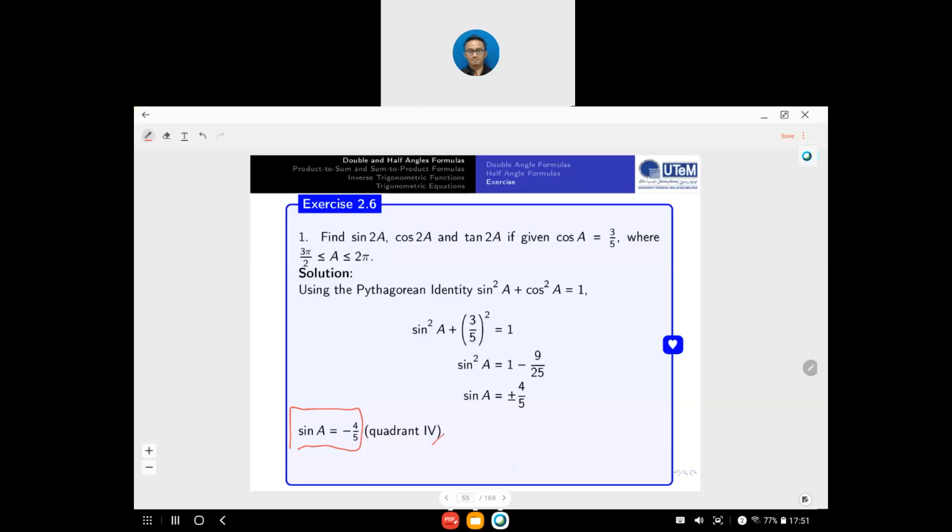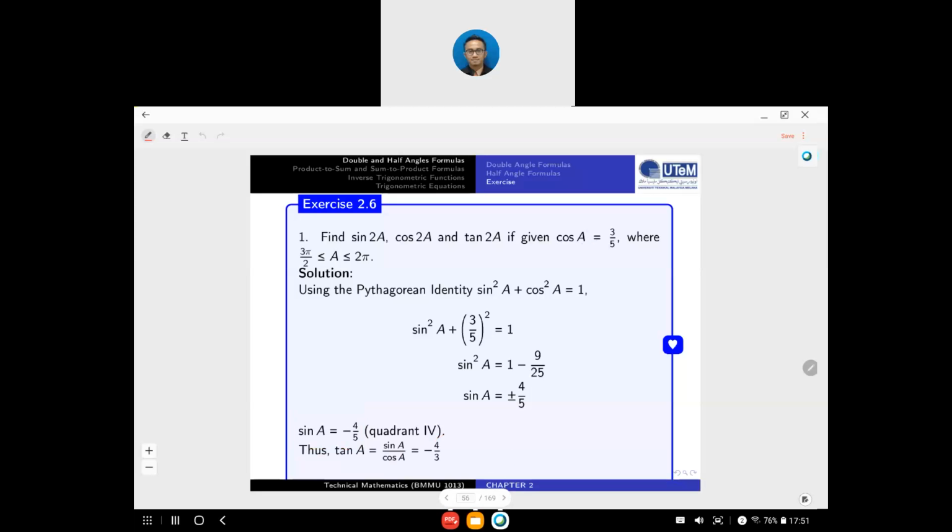Since we already get sine and have cos, so now we can find tangent because we know that tangent A equal to sine A over cos A. So we can get tangent equal to negative 4 over 3. Tangent also negative in the fourth quadrant.